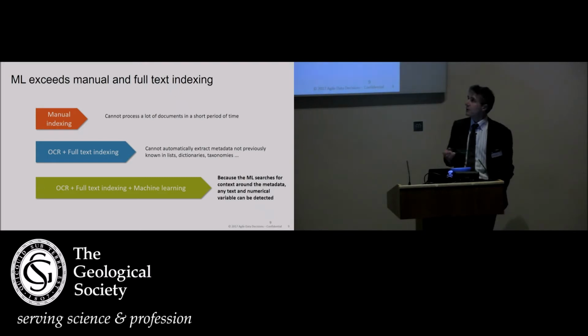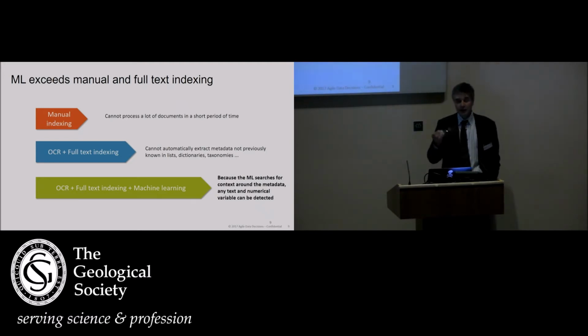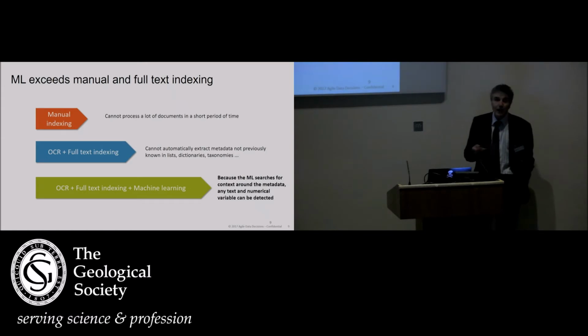But there is information which is difficult to extract. Just think about numerical values. It's very difficult to automatically extract the well depth, or the total depth of a well. Why?